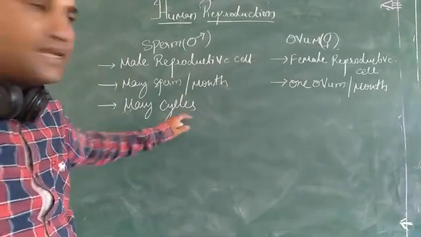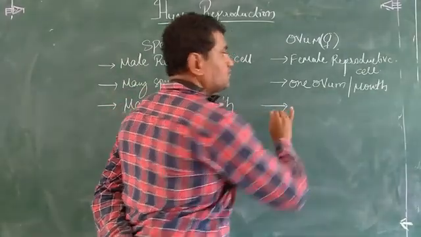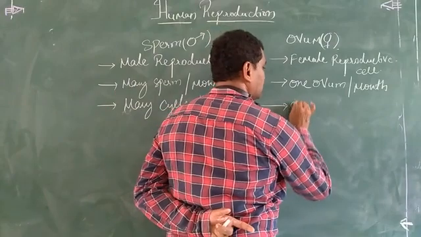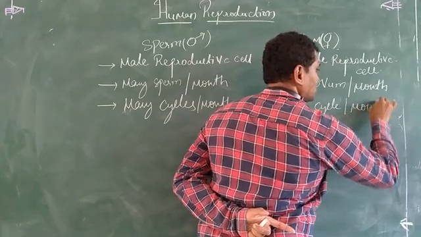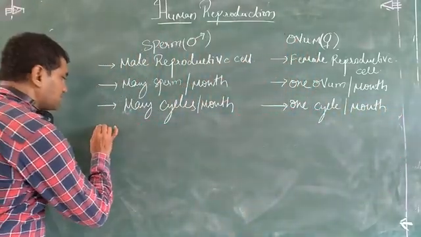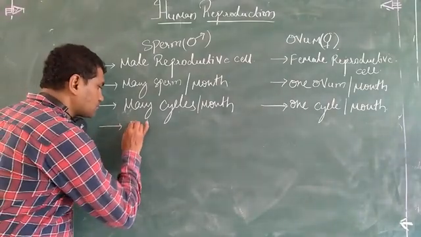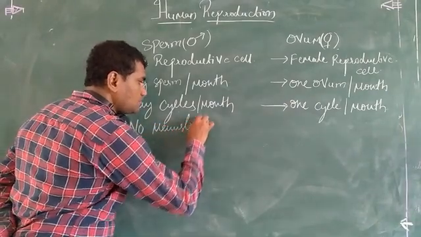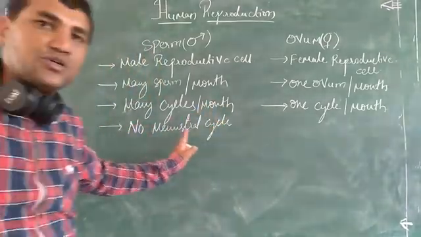Many cycles in a month in the male, but one cycle in a month in the female. In the males, no menstrual cycle.